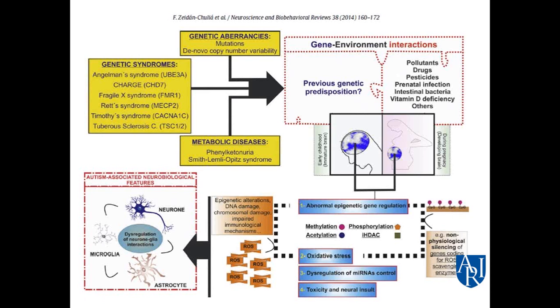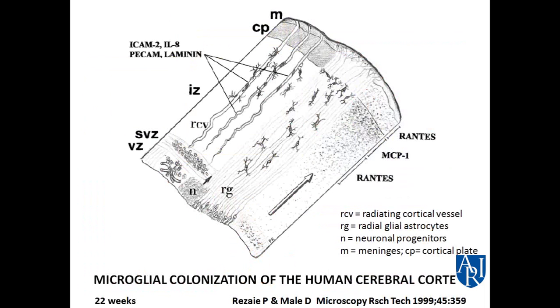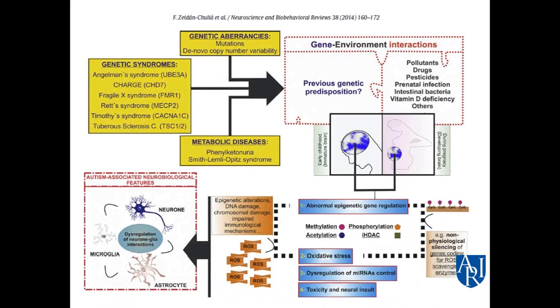This is associated with increase in oxidative stress, dysregulation of mRNAs, and leading to toxicity and neural insult. And these ultimately lead to the dysregulation of neuron-glia interactions among microglia, astrocytes, and neurons.